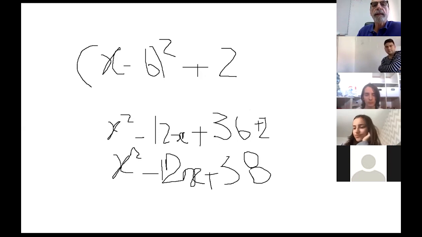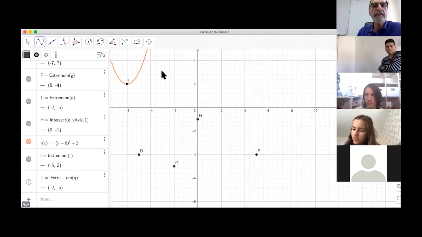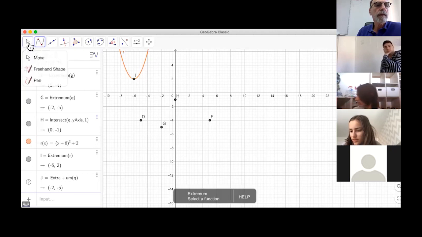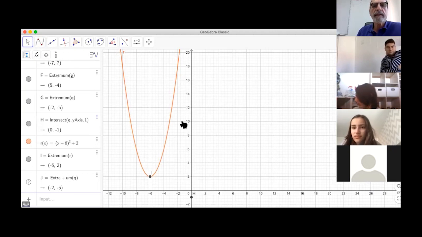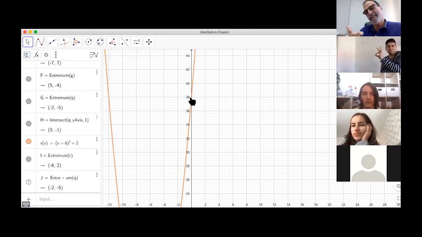So let's go back for this guy here, and let's see if you can get here the y-intercept. See, 38. See, guys? So it's the same equation, it represents the same parabola.